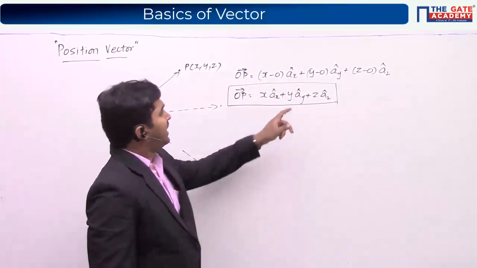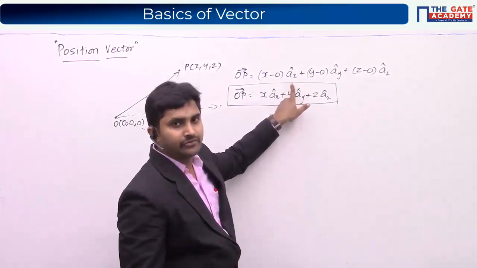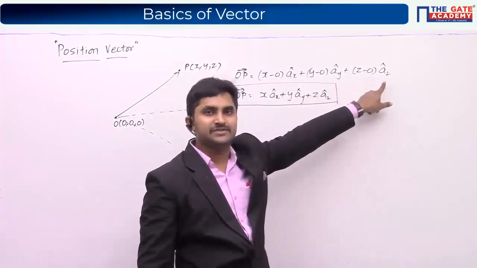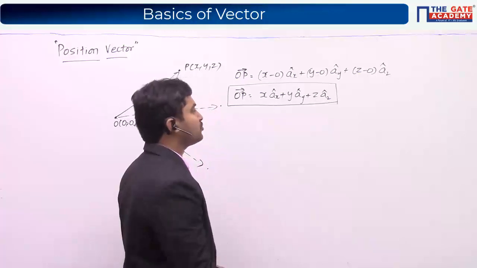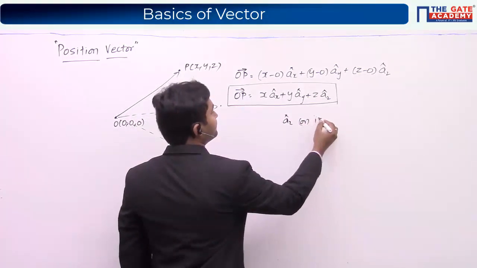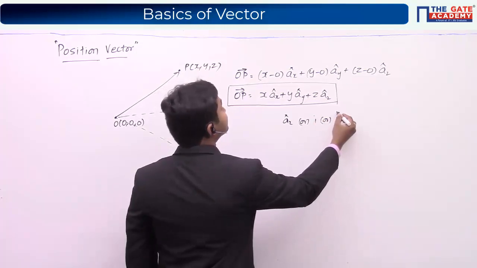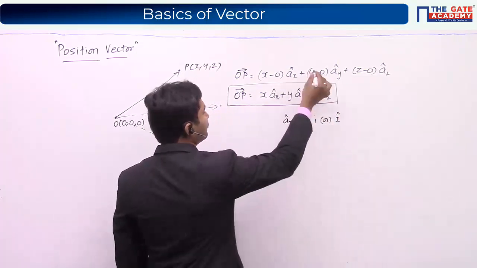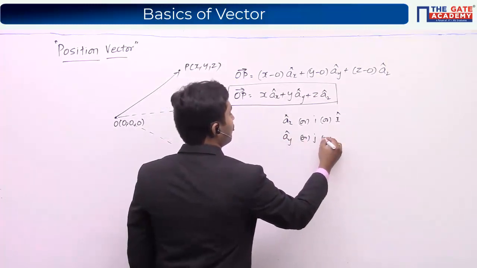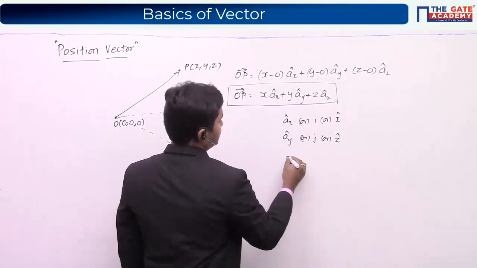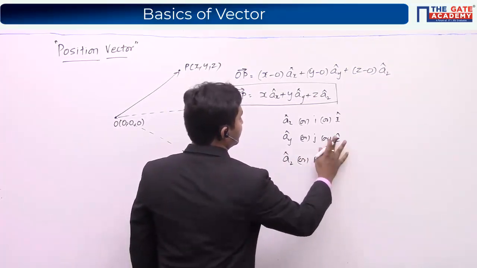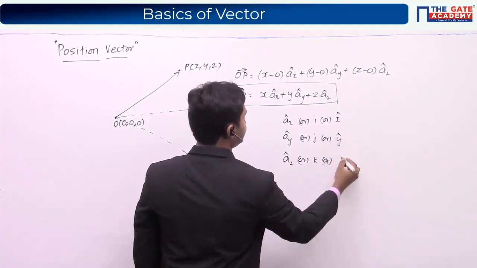Here AX cap is nothing but the unit vector of x, AY cap is the unit vector of y, AZ cap is the unit vector of z. Either you can use AX cap, or you can use I, or you can simply use X cap. Same with y: AY cap, J, or Y cap, and z: AZ cap, K, or Z cap.